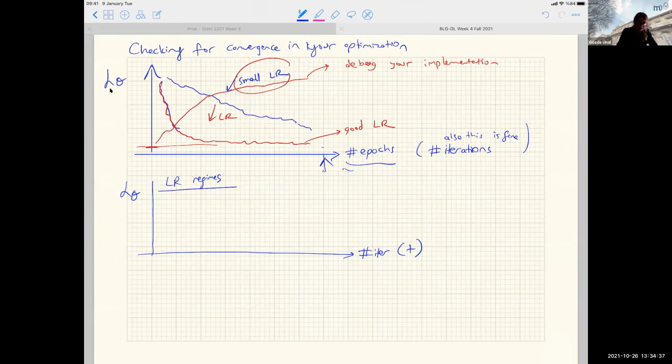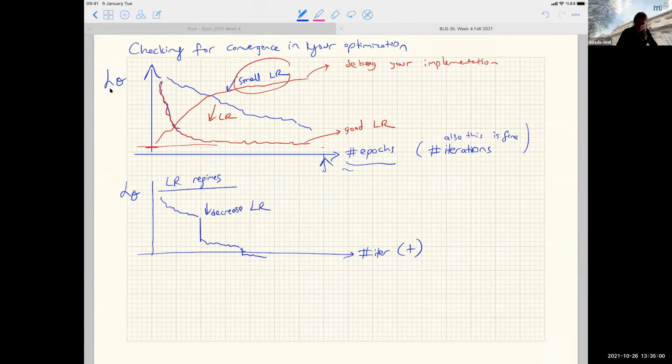So, for instance, there are regimes like, okay, it's decreasing, but then you decrease your learning rate. You change your learning rate, and maybe it goes like this, and you do it again, etc. Here, decrease LR.